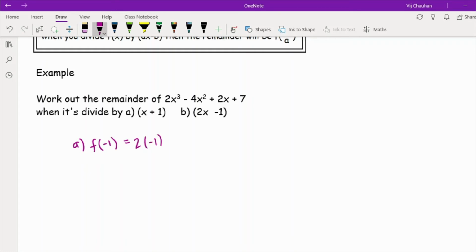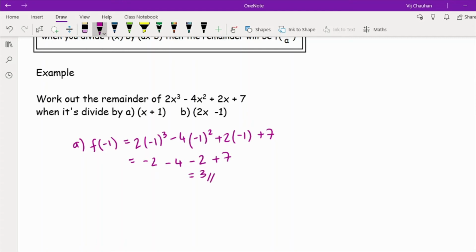So if I write down the calculation, wherever I've got an x, I'm swapping it with minus 1. Let's just work this one out. We've got minus 2, minus 4, minus 2, plus 7, which gives us a remainder of 3.